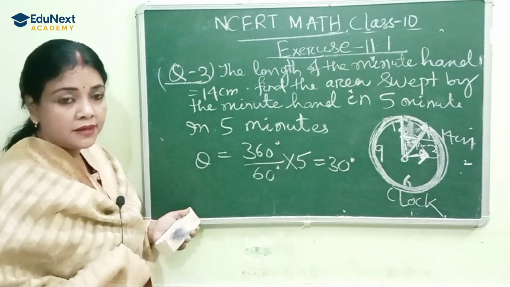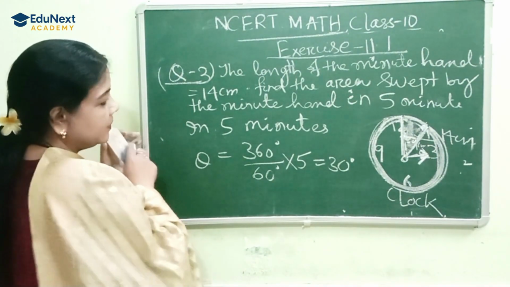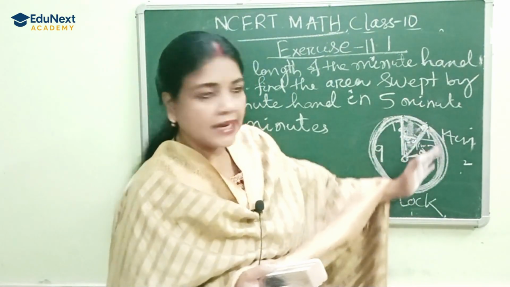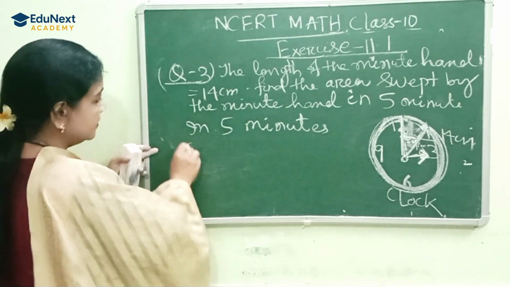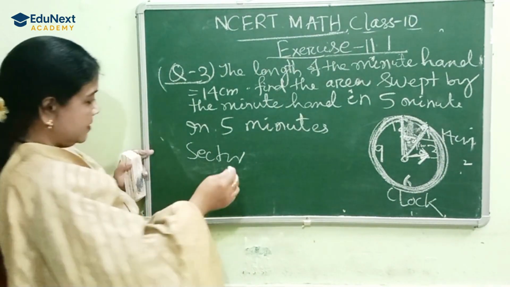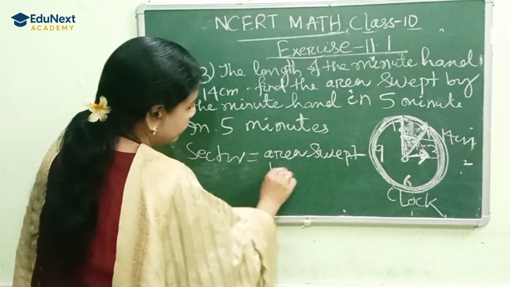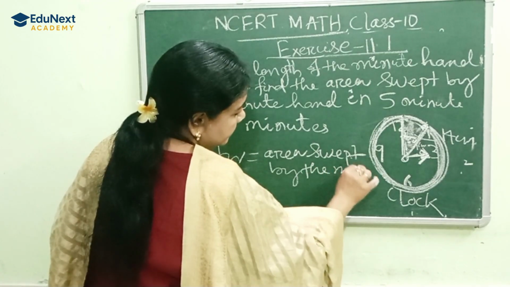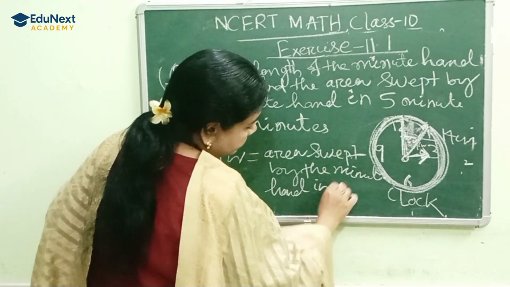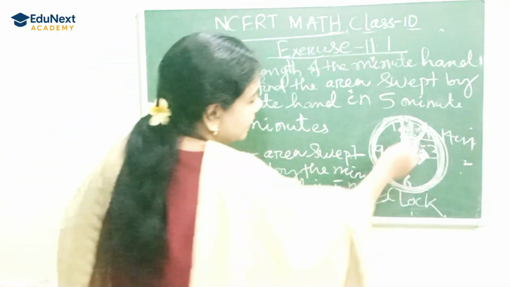The angle 30 degrees is given, and the length of the minute hand is 14 centimeter. So you can easily find the sector made by this minute hand, right? The area swept by the sector is equal to the area swept by the minute hand in 5 minutes. You understand this?